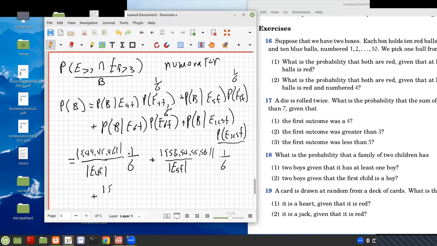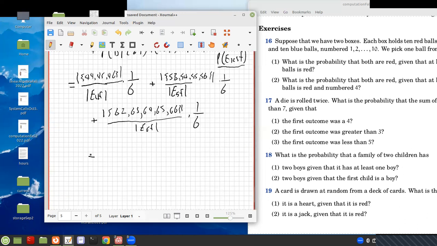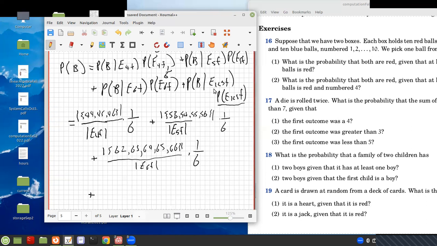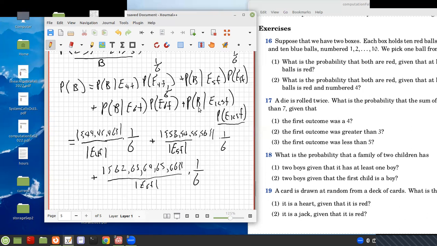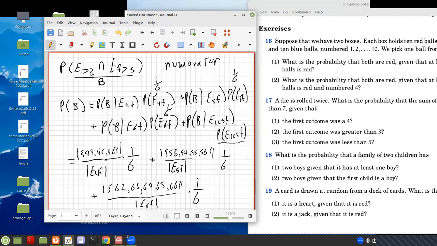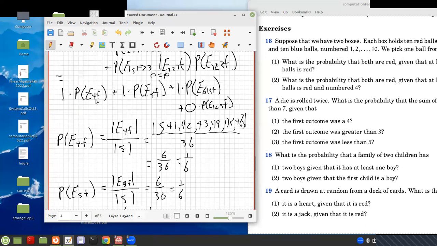plus the number, here's where the 6 is first. We have 6,2, 6,3, 6,4, 6,5, 6,6 over the number with 6 first times 1/6, plus this number here where it's a 1, 2, or 3 first, given the intersection of things where 1, 2, 3 are first, and the first one is in B. Where did we put B?